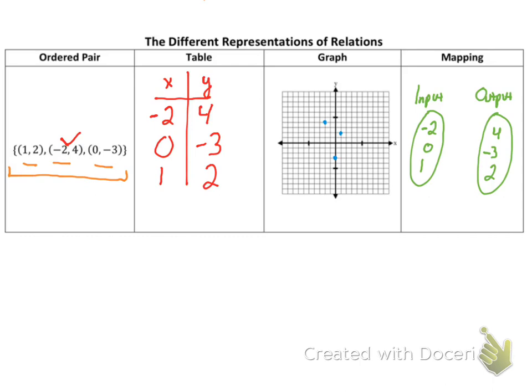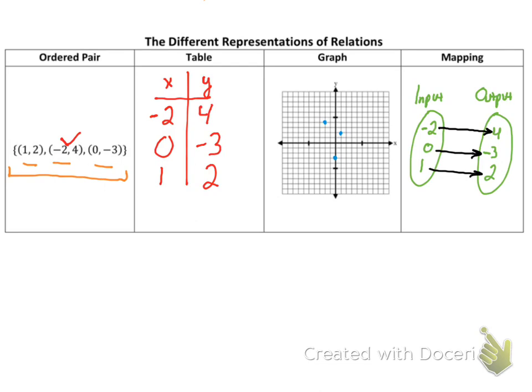All a mapping does is send each input to its corresponding output. So -2 gets mapped to 4, 0 gets mapped to -3, and 1 gets mapped to 2. It's not always going to be the case in the mapping that the arrows go straight across, but you'll be able to see what the input is and what its corresponding output is.